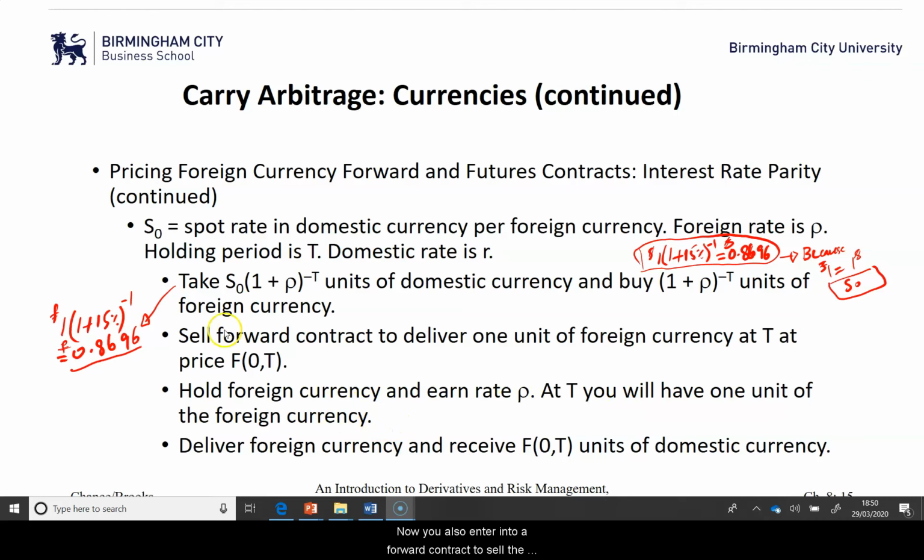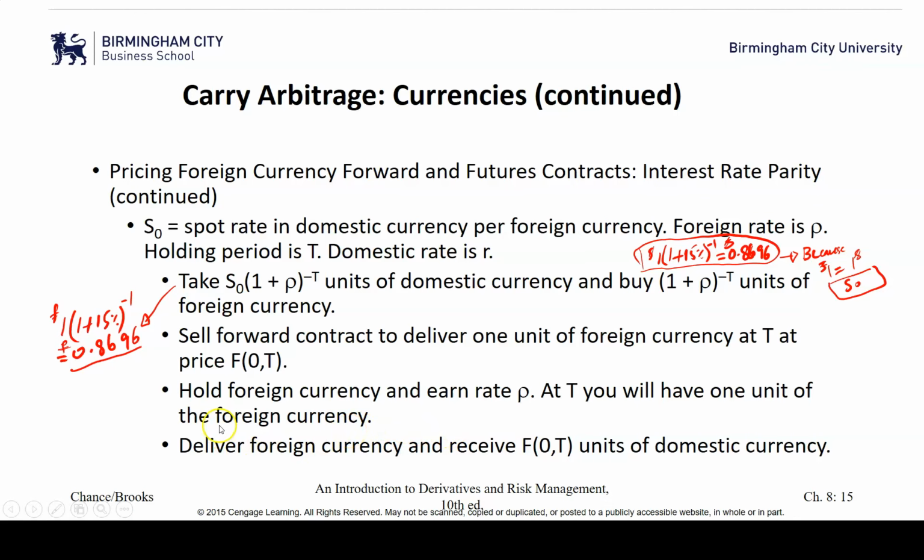Now, you also enter into a forward contract to sell the same foreign currency unit, that is the $1 that you will receive 1 year later, at the forward rate 1 year from now. So when the contract matures 1 year later, you will deliver the $1 foreign currency deposit and receive domestic currency units. We illustrated this in our previous two examples.